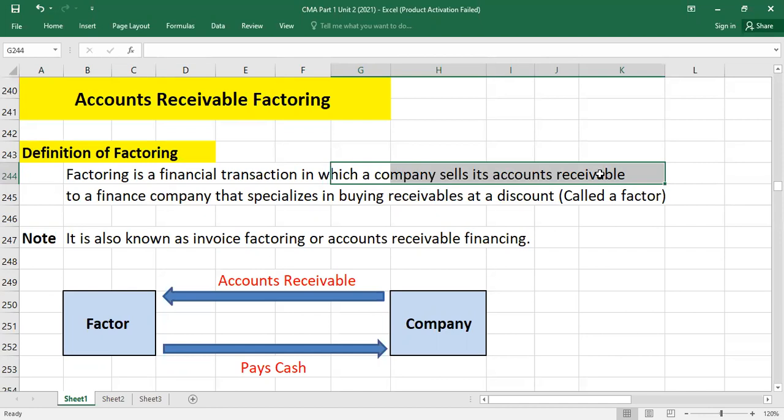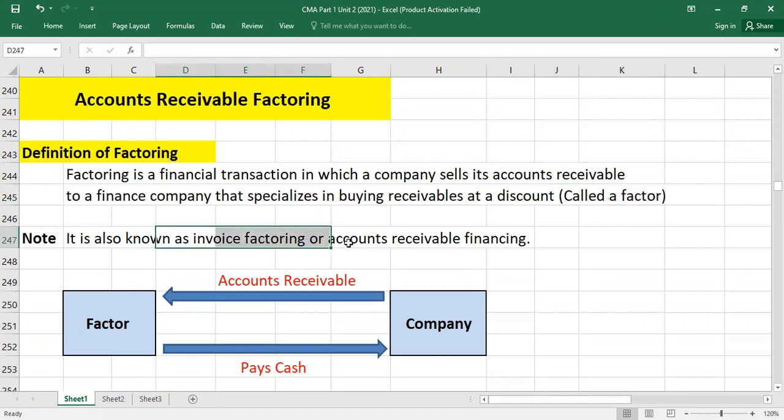The third party specializes in buying receivables at a discount, and that third party is called a factor company. It could be a bank or any financial institution which specializes in buying receivables. The factoring arrangement is also known as invoice factoring, or it is also called accounts receivable financing.